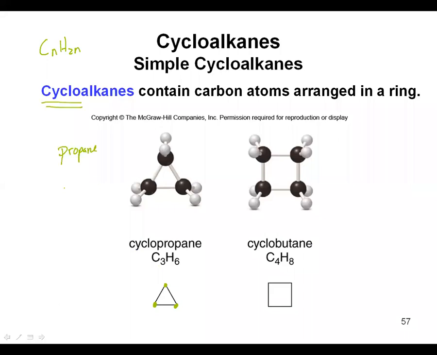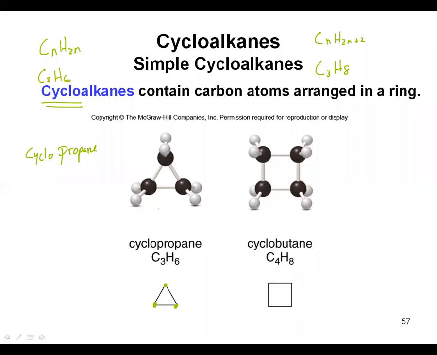And again, it's missing the 2 hydrogens that propane would have when it's a straight chain alkane, which would be C3H8, as opposed to here in the cycloalkane, C3H6. Again, the 2 missing hydrogens allow these to come together and close the ring.